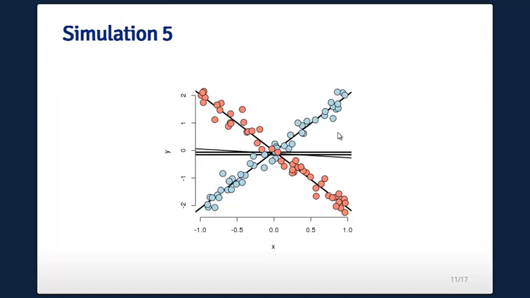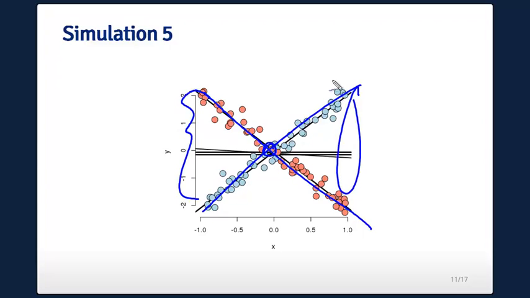Let's look at a crazier one. Here, there is no such thing as a treatment effect. For the red group, the line looks like that, and for the blue group, the line looks like that. So you couldn't call that the treatment effect because, right around here, the treatment effect is 0. So this is an example of interaction.